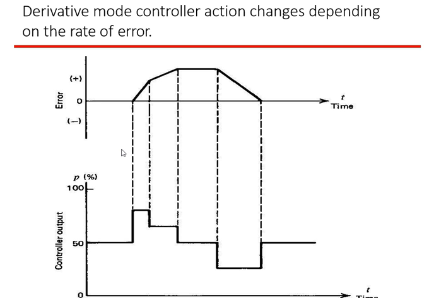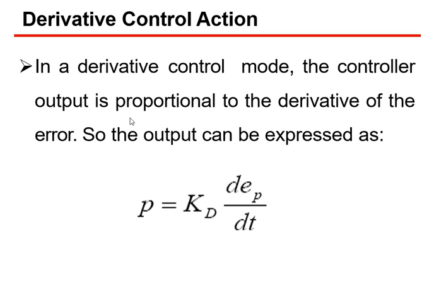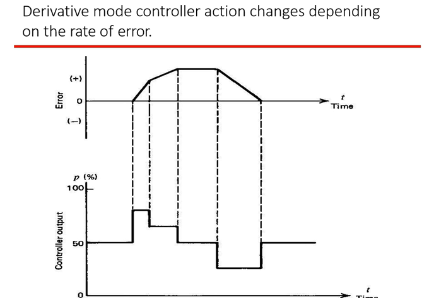Now if you see this error, this is with respect to time. This is the positive side of the error and this is the negative side of the error, and there is a controller output given over here. Suppose the error is changing like this continuously, then what will the derivative control output be? Stable.